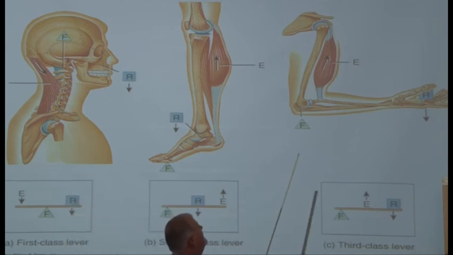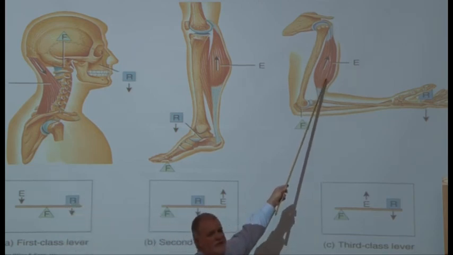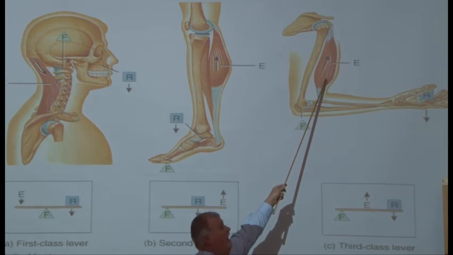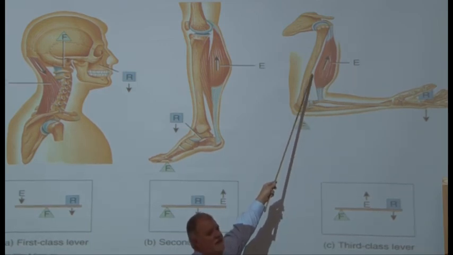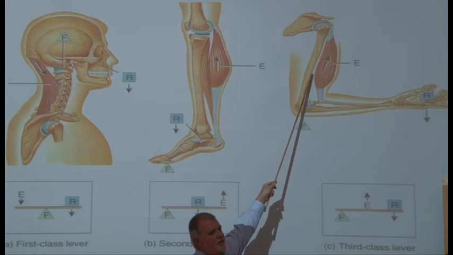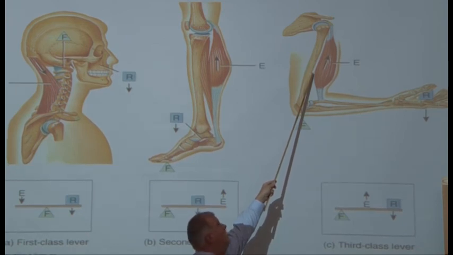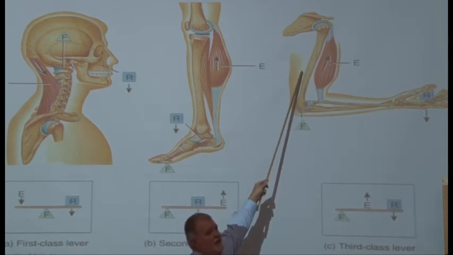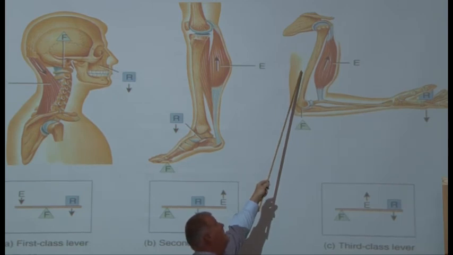Right? And then our prime mover would be this one, which is our biceps. The muscle underneath it, the brachialis, would be our synergist. The antagonist would be the triceps.